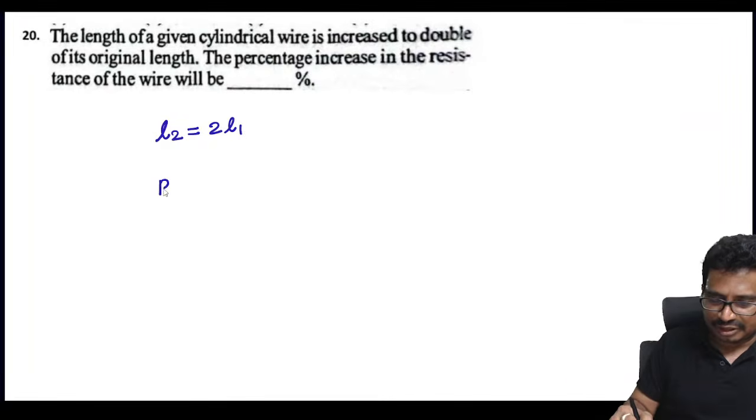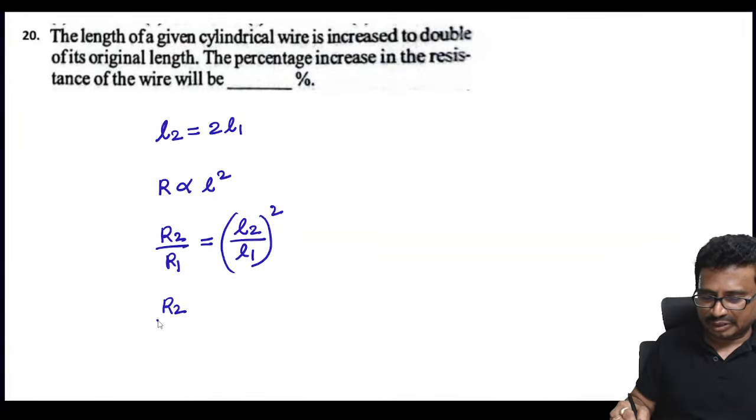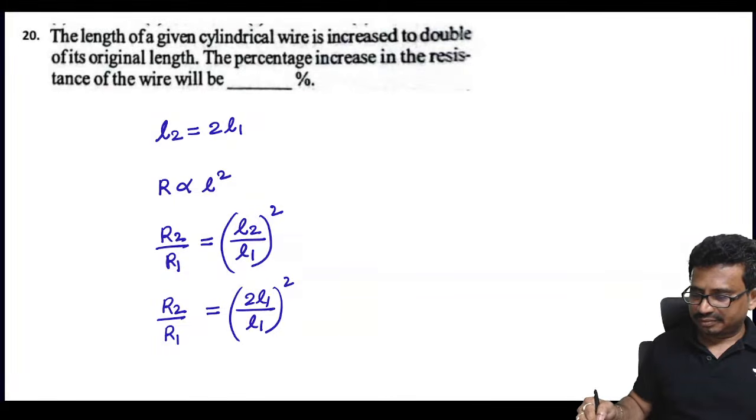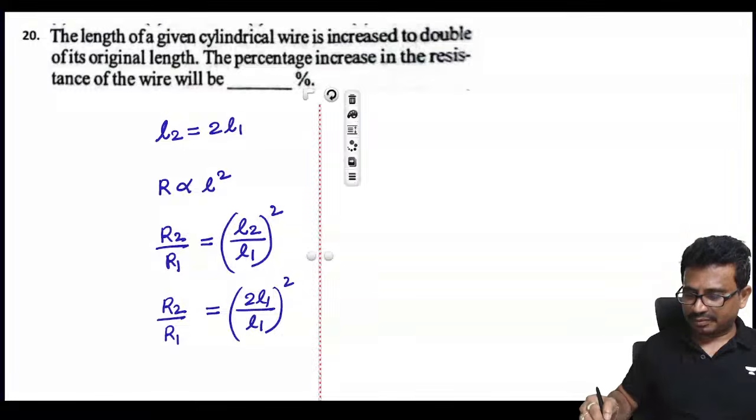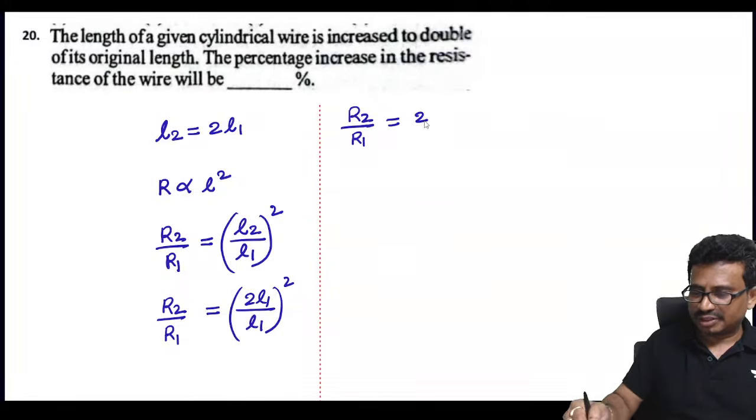So obviously the resistance is proportional to L square. Then we can say R2 by R1 is equal to L2 by L1 whole square. Then R2 by R1 is equal to L2 means 2L1 by L1 whole square. Now simplify this. R2 by R1 is equal to 2 square, means 4.